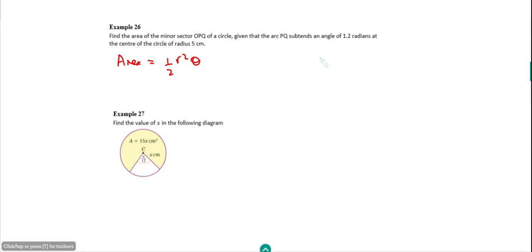If you consider a sector is part of a circle, a sector would be like this, and we've got the angle there for the sector, so that would be theta. If we consider the full area of a circle, we know that the area of a circle is given by pi r squared.